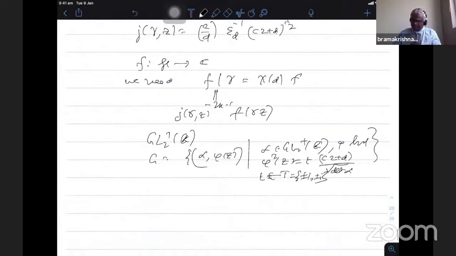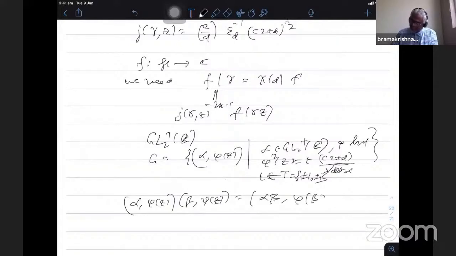Then there is a projection from this bigger group, and the group action is: alpha, phi of z times beta, psi of z is matrix multiplication, with phi of beta z times psi of z. With this multiplication, G is a group.